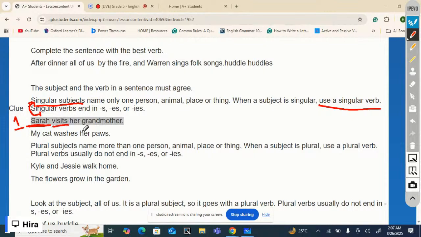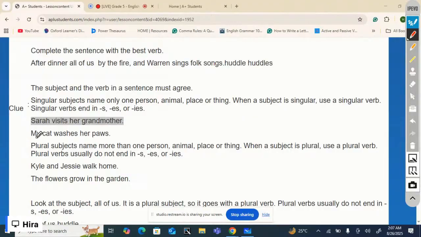It is visits. It ends in s, and singular verbs end in s, es, or ies. So we have made sure that the subject agrees with the verb in this sentence. Because the subject is singular, and the verb is also singular. This is the singular verb which ends in s. Sarah visits her grandmother.